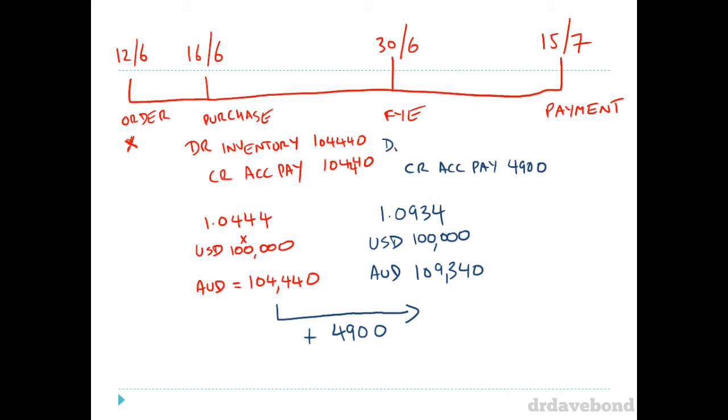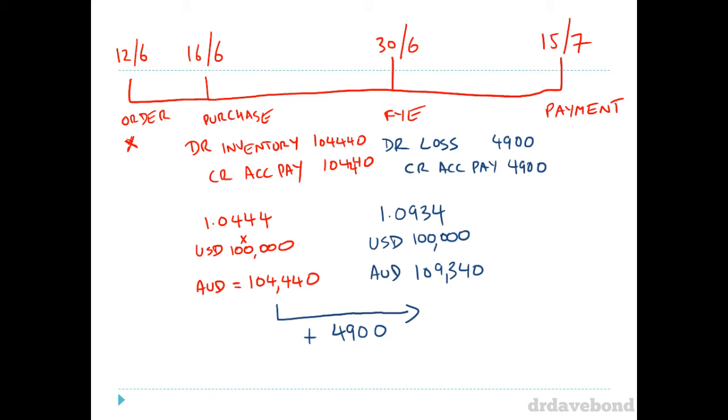We need to debit something 4,900. And if you remember back to monetary items, what we debit or credit goes through to profit or loss. In this case, the accounts payable has gone up. We actually have to physically pay out more money to pay for this. That's obviously not a good thing. You can call it a foreign currency loss. We have a foreign currency loss of 4,900 and an increase in the payable.